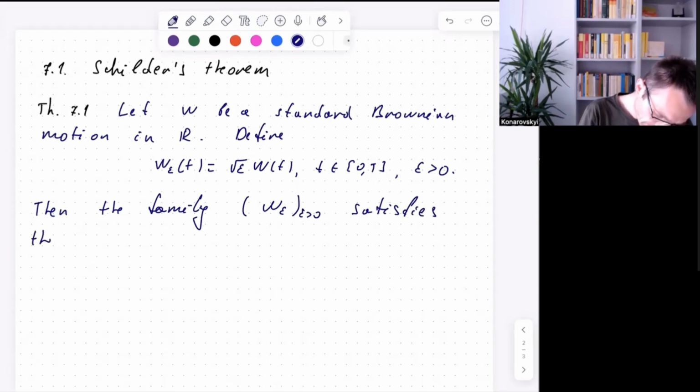the large deviation principle in the space C0, 0T.